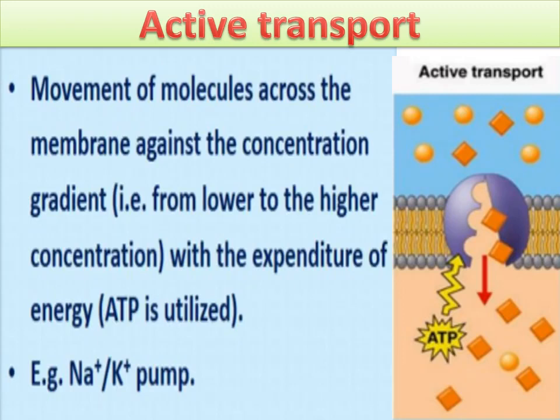And in which form is this energy utilized here? In the form of ATP, adenosine triphosphate. Okay, this is the source of energy in a cell, right? So ATP is utilized here for the transportation of substances from one side of plasma membrane to another side of plasma membrane. For example, sodium potassium pump.